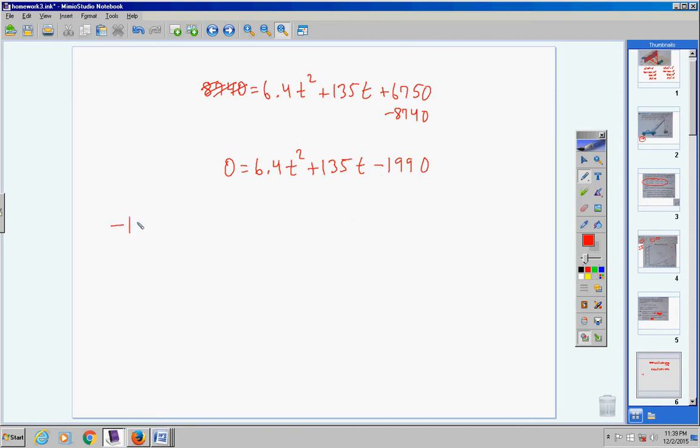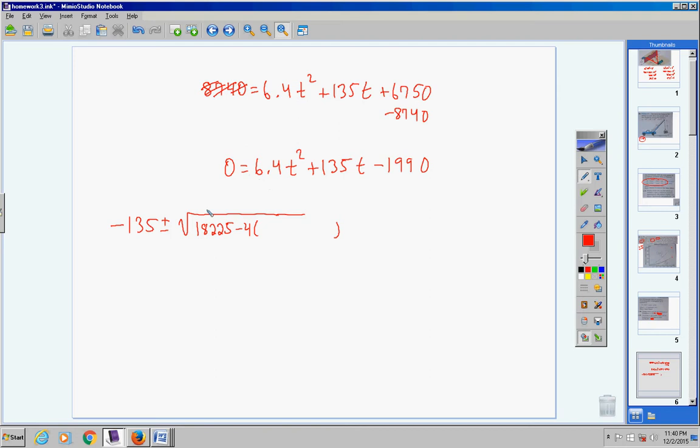Negative b plus or minus the square root of b squared. That would be 135 squared, 18,225. Negative 4ac. A is 6.4, and C is negative 1990.